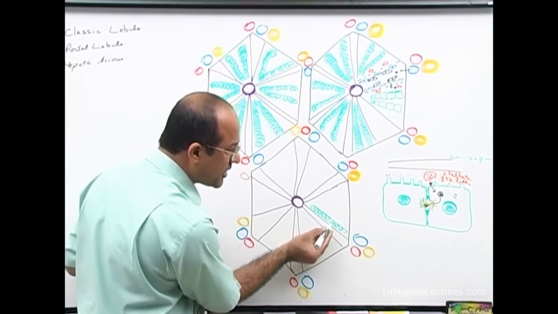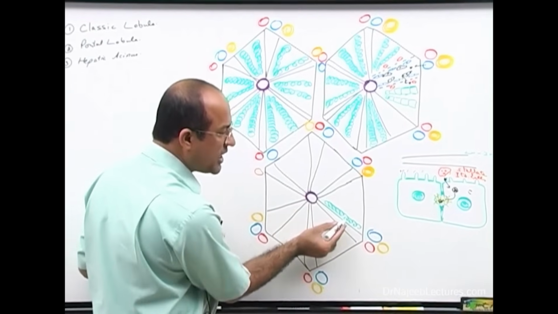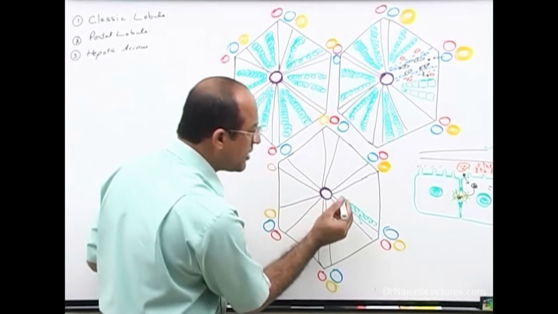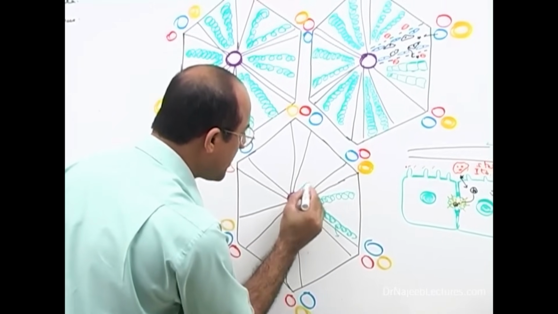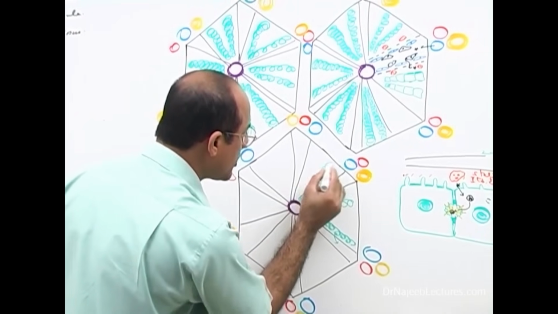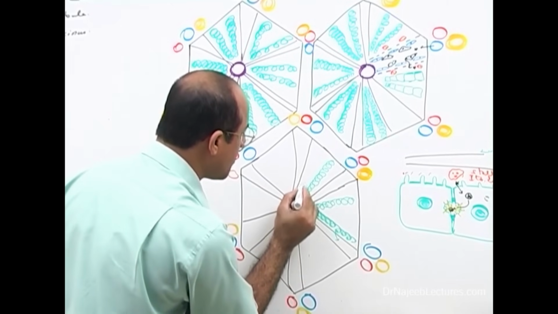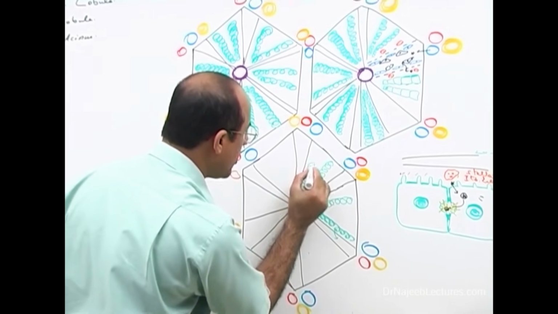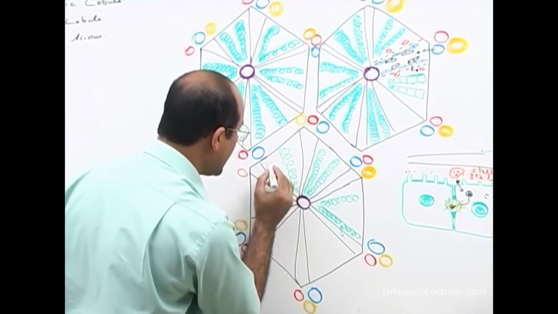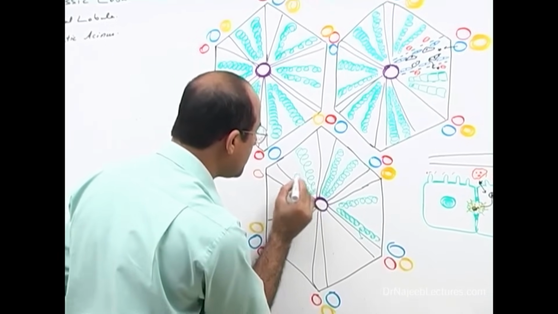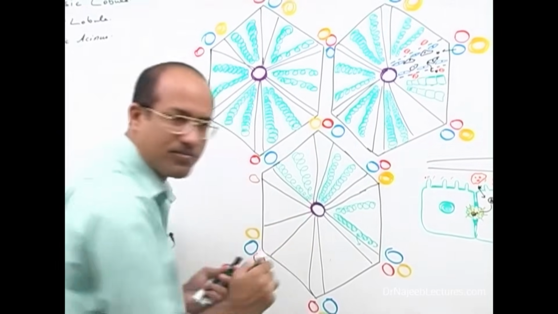VLDL is secreted by the hepatocytes to the blood, and VLDL act as a carrier of triglycerides, right? Then hepatocytes also synthesize another lipoprotein, which is a bad low density lipoprotein, also called LDL, and LDL act as the main carrier of cholesterol.